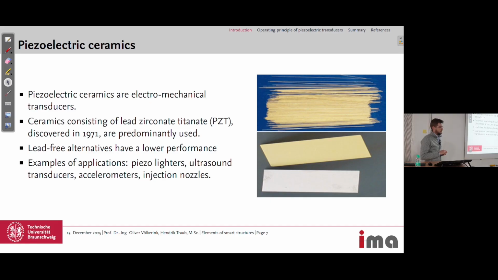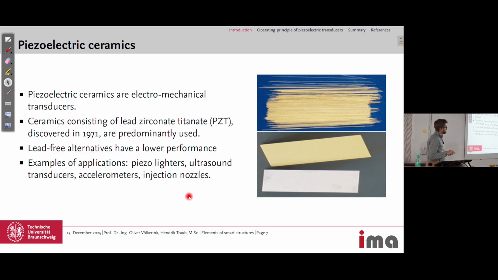And examples of applications you might know are piezo lighters. If you have a lighter where you just click and then the flame lights up, this is a piezoceramic crystal inside where you apply a mechanical stress and then the lighter goes on. Ultrasound transducers, accelerometers, and also injection nozzles in combustion engines and diesel engines are also made from piezoceramics.